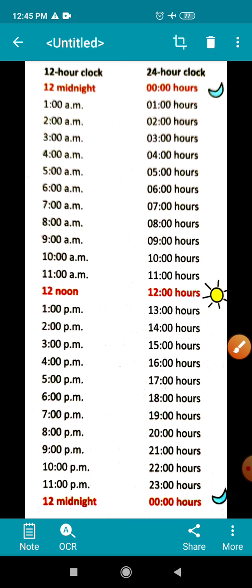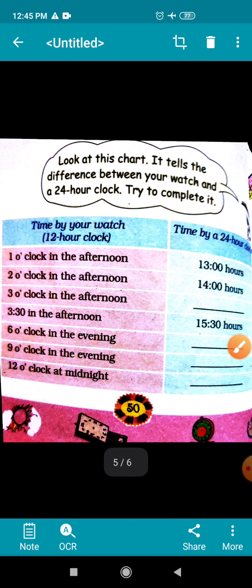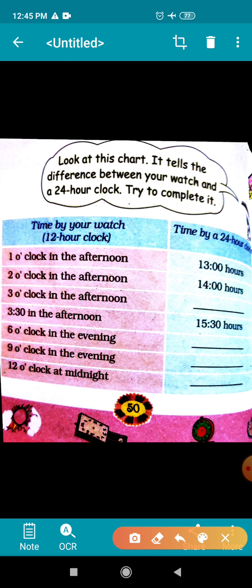Now children, here I have taken a few examples from your book. Here you can see this is 1 o'clock in the afternoon, means this time is given in PM.